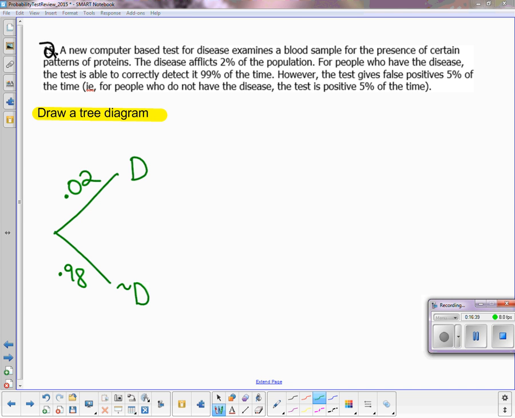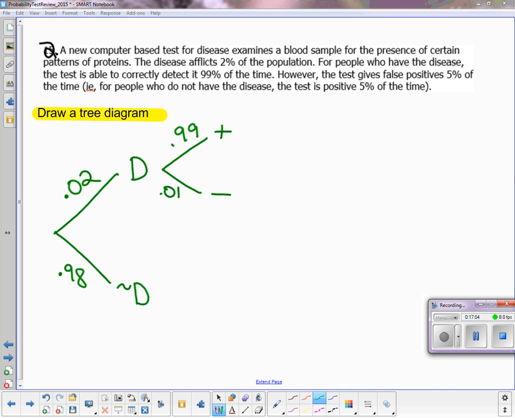All right. Then we're going to continue, and it does say that for those people who have the disease, so I know I'm up at the top branch of my tree, the test is able to correctly detect it, which means that they have the disease and got a positive on the test. Would you agree? Correctly detect it 99% of the time, which means it comes out as a negative what percent? 0.01. Okay, good.